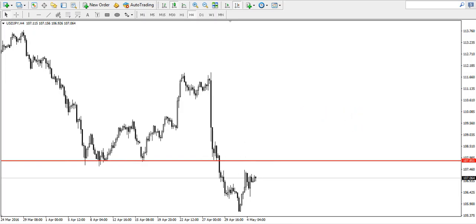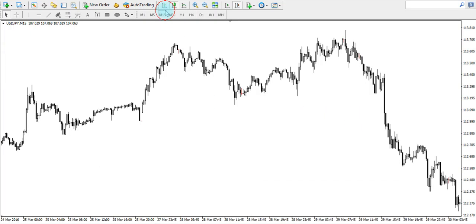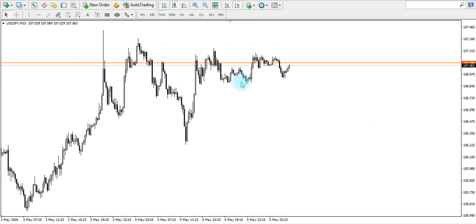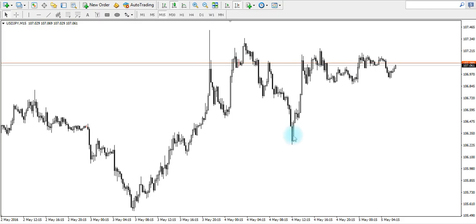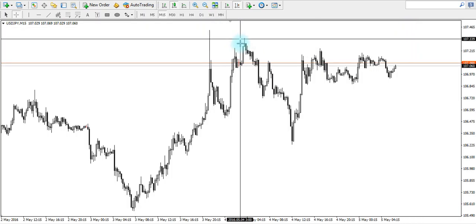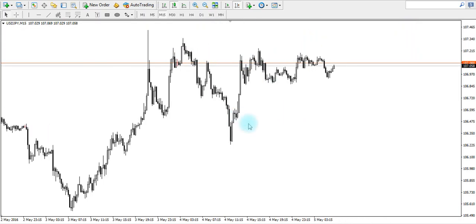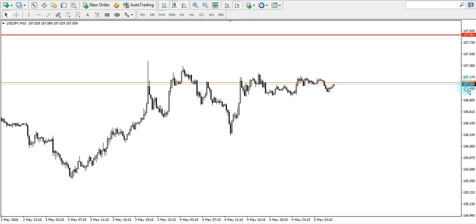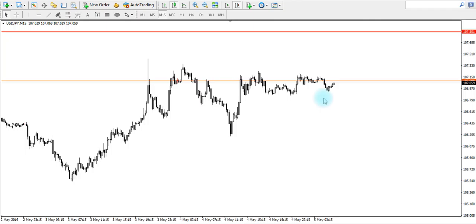Alright, so this is the level, and in the 15-minute charts, price has recently created a higher low. This is the higher low, but it is still struggling to break through the current high for a higher high, and the price has yet to reach the key resistance at 107.83.